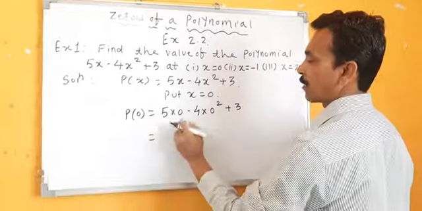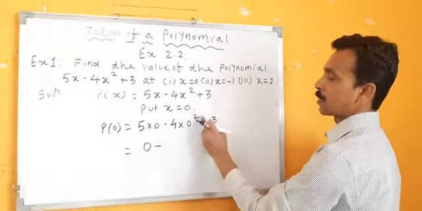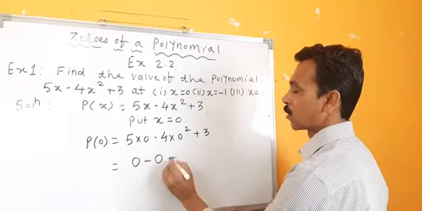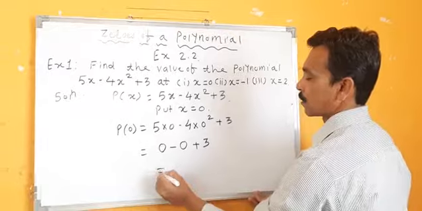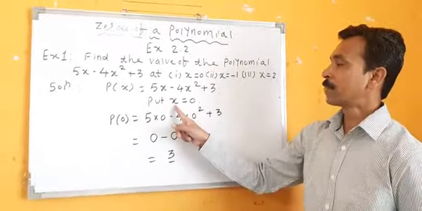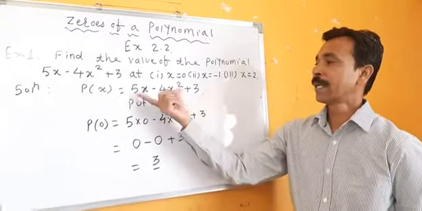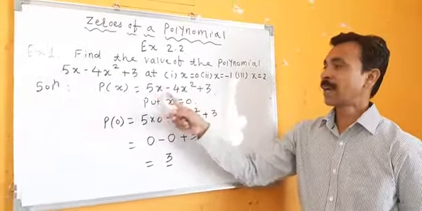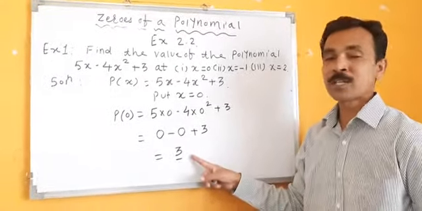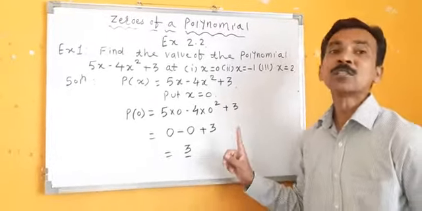That is equal to 5 into 0 is 0, minus 0 square is 0, 0 into 4 is 0, plus 3. So what is the answer? 3. So when the value of x is equal to 0 is placed in p of x, which is 5x minus 4x square plus 3, after doing the calculation we get the value 3.